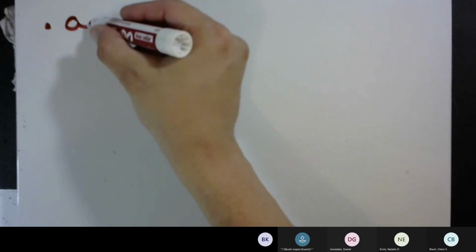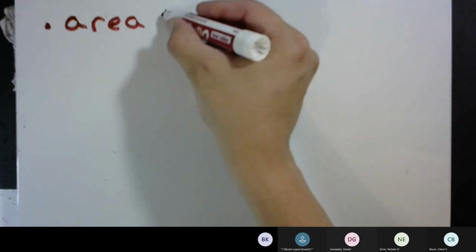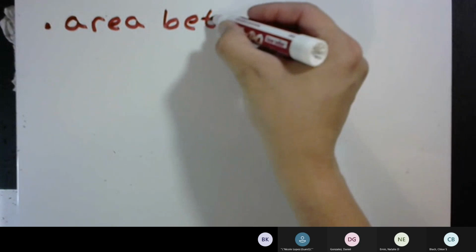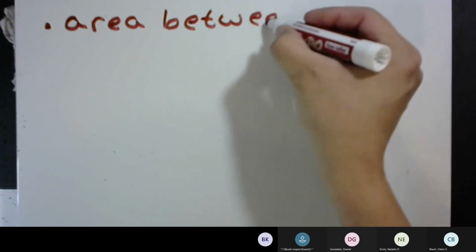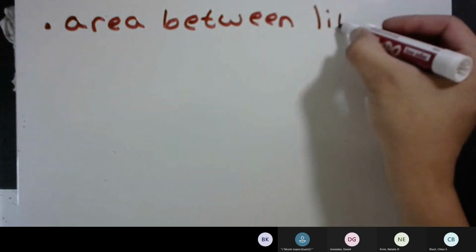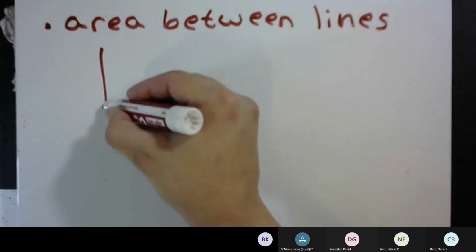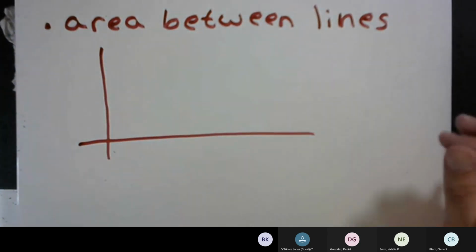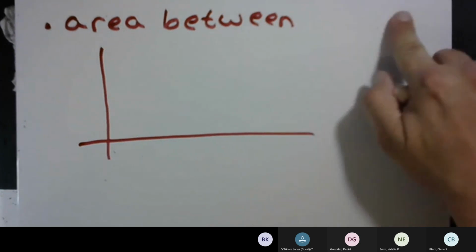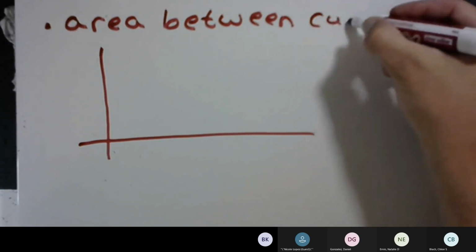So another thing that's going to come up is the area between lines. Or I should say between curves. You know, a little more general.